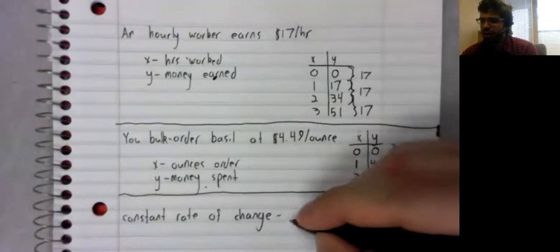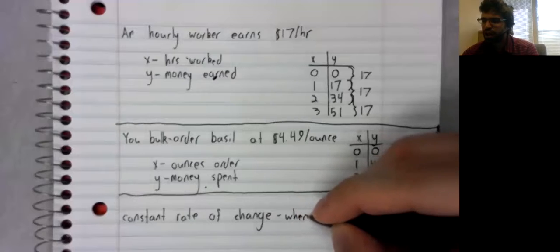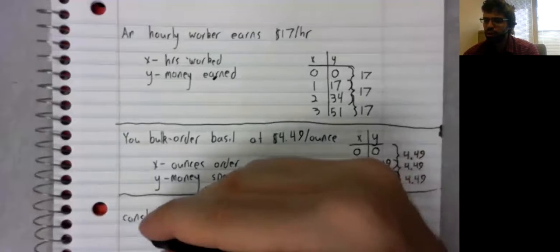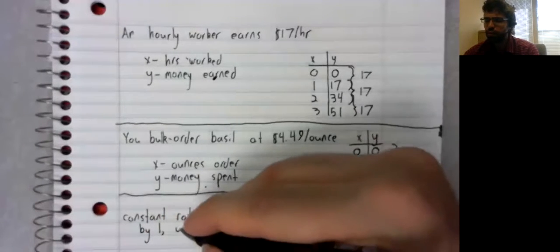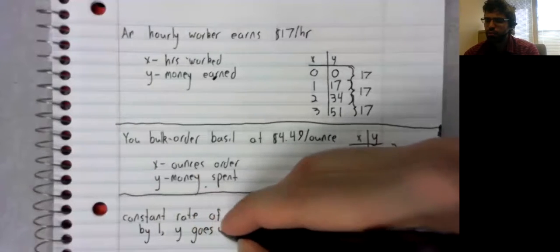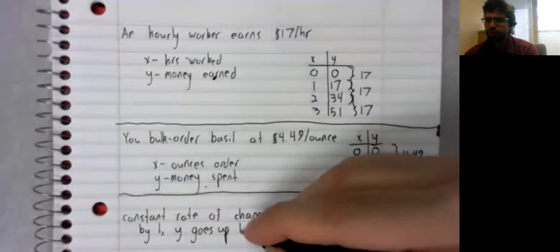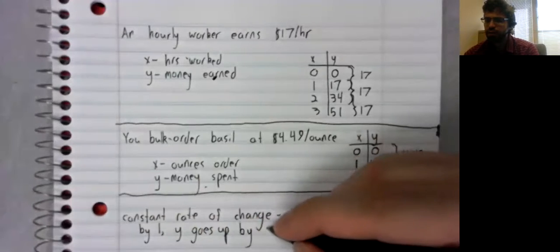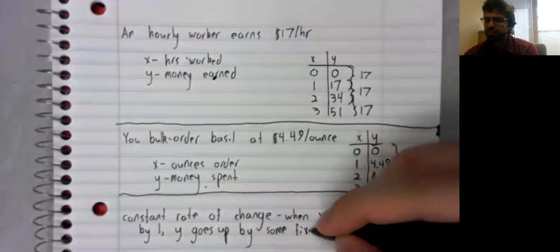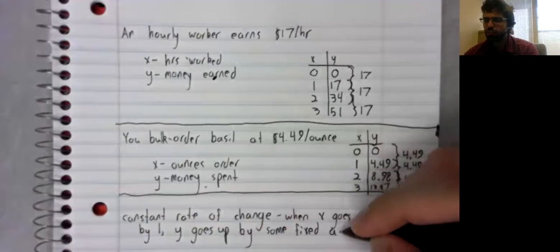So every time X goes up by 1, Y goes up by some fixed amount.